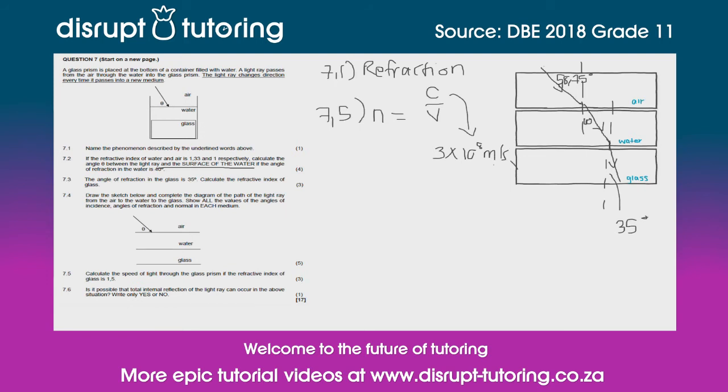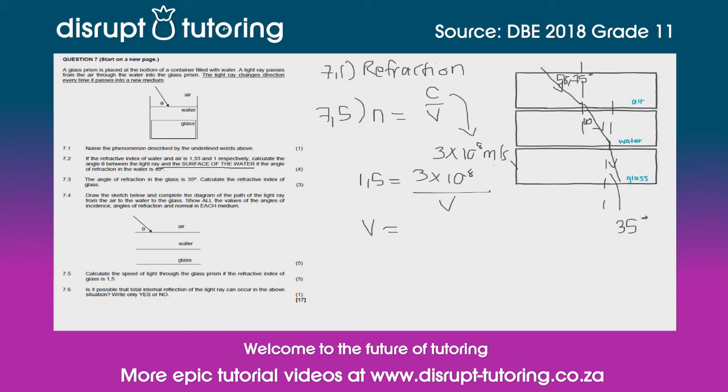And then we know that v is obviously the velocity that we're working out. That is the velocity of the light ray. And n is the refractive index. So we were given that the refractive index is 1.5. We know the speed of light in air is 3 × 10^8, and we're solving for v.